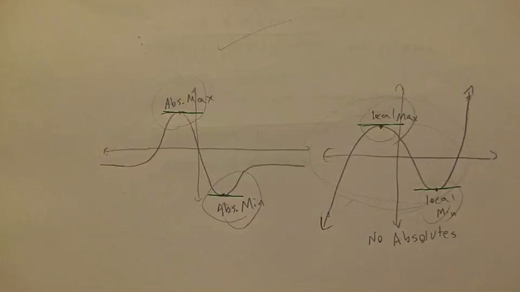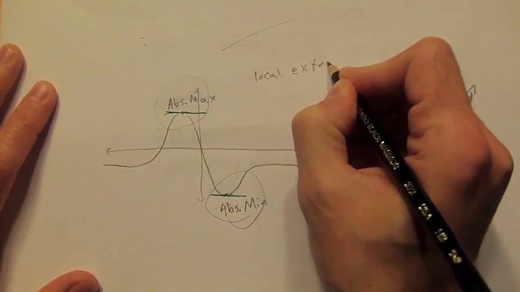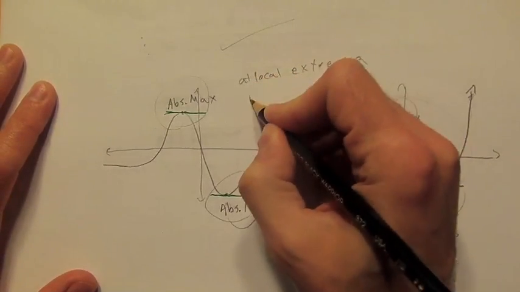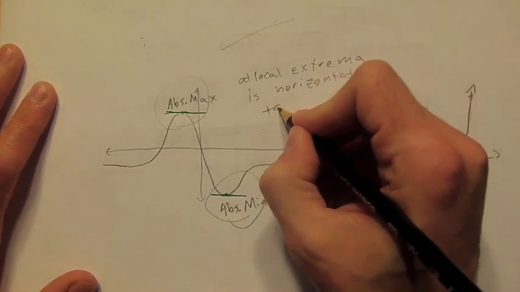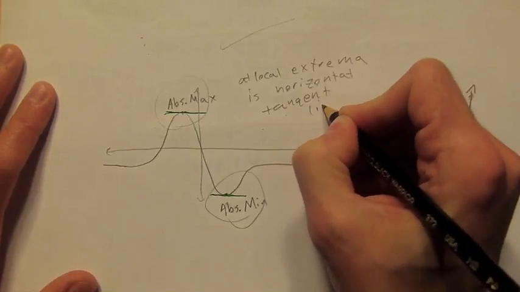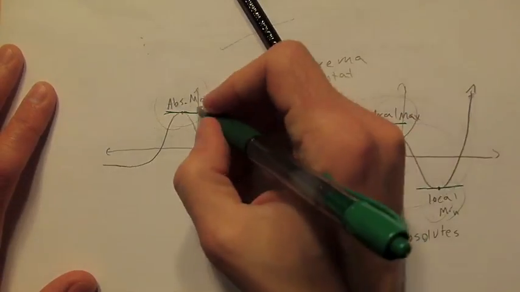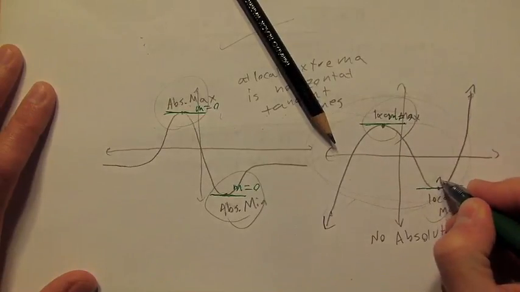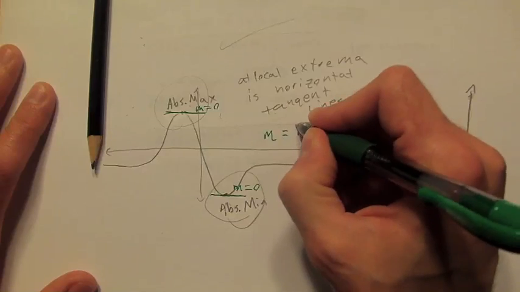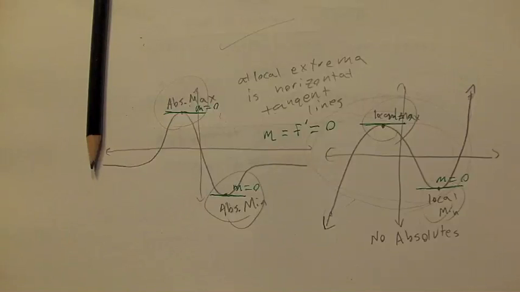So at these local maxes and mins, at local extrema, what I see is horizontal tangent lines. The slopes are 0. So the derivative, which gives the slope, let's say f prime, is 0 at these points.